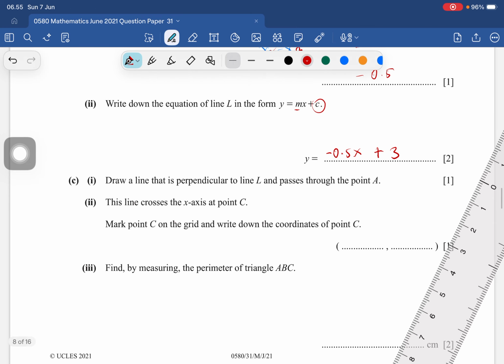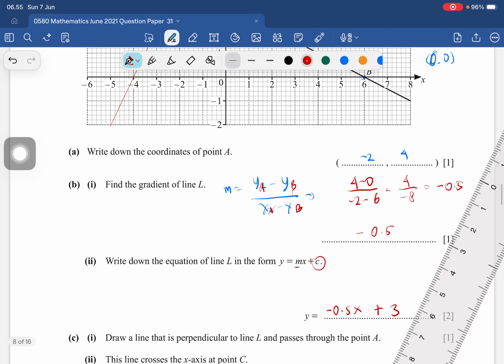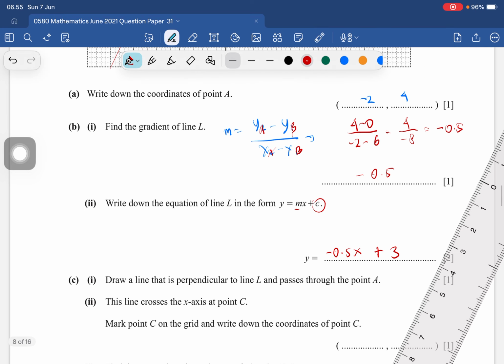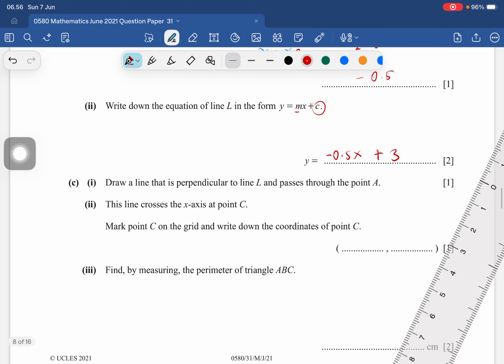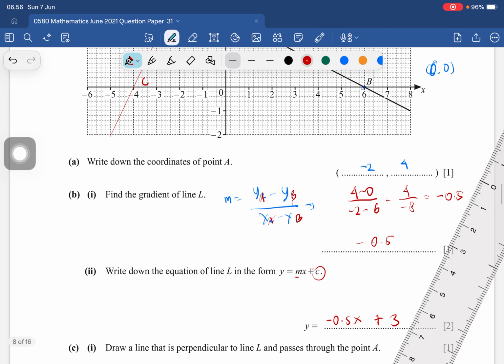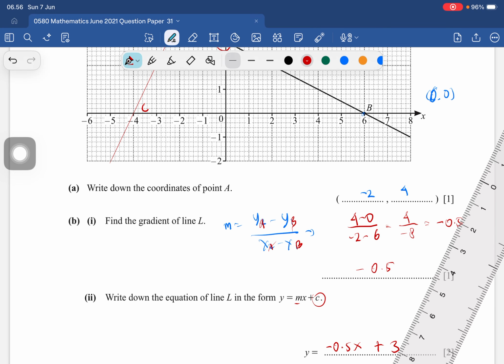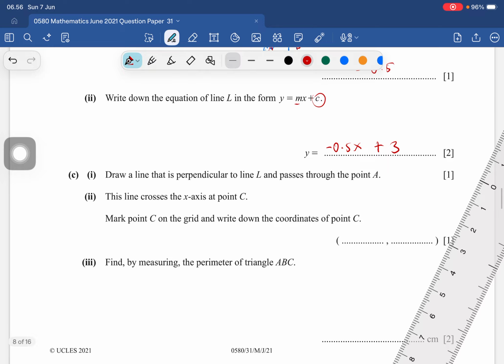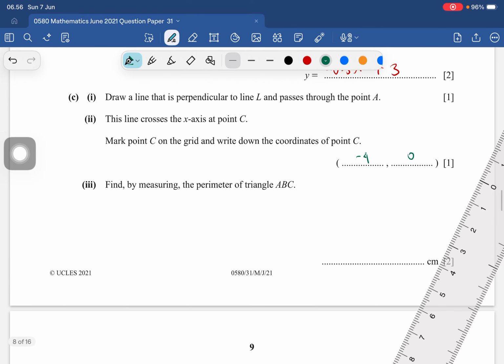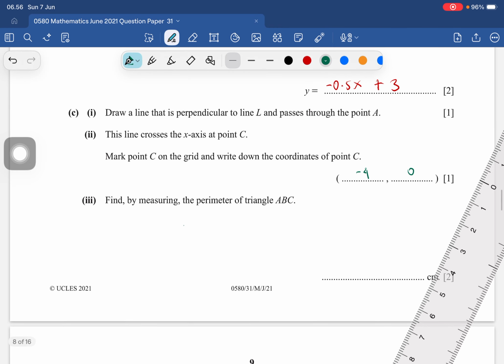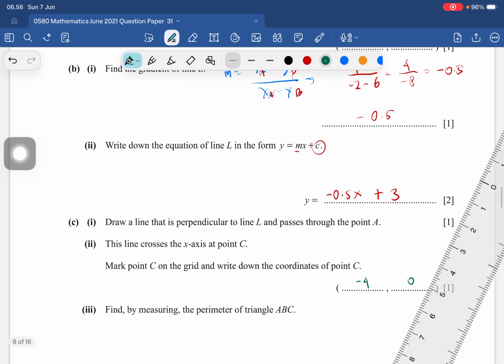The line crosses the x-axis at the point C. Here is C. Mark point C on the grid and write down the coordinates. The coordinate is (-4, 0).